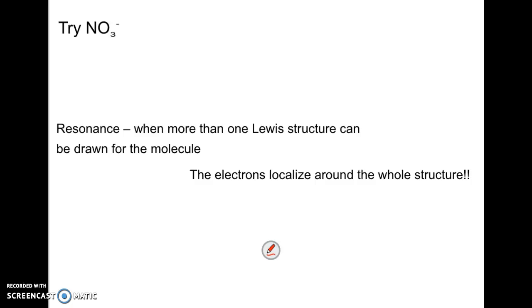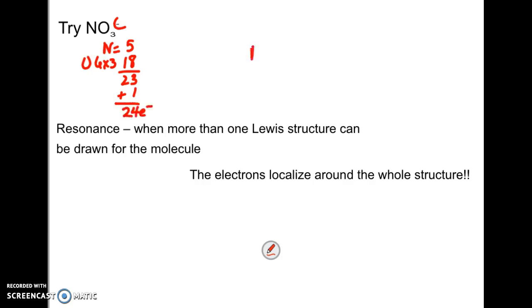Okay, so the electron count: nitrogen has 5 valence electrons, oxygen has 6, and we've got 3 of them, so that's 18. When you add that together, you get 23 electrons. But this negative here means that you are adding 1 more electron, so you have 24 electrons.